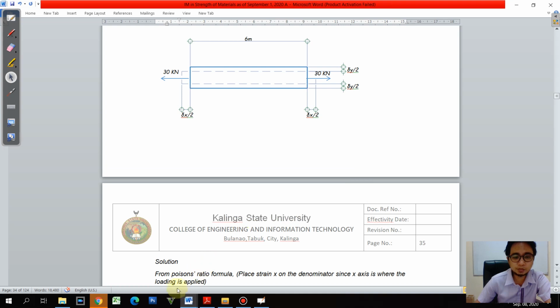So recalling the formula of the Poisson's ratio, it is the ratio between the longitudinal to the lateral axis.